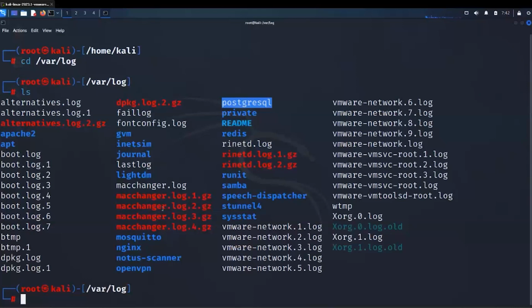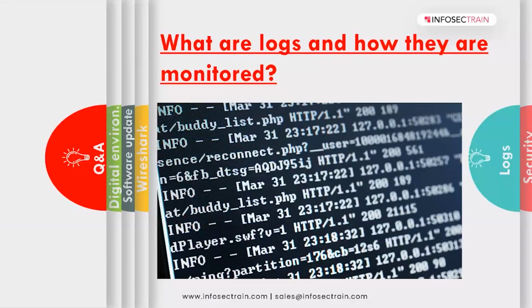Then your cron, which has the information about cron related messages. Then we also have the daemon log, which has the information about the running background services. Then we have the faillog, which has the information about the failed login attempts.